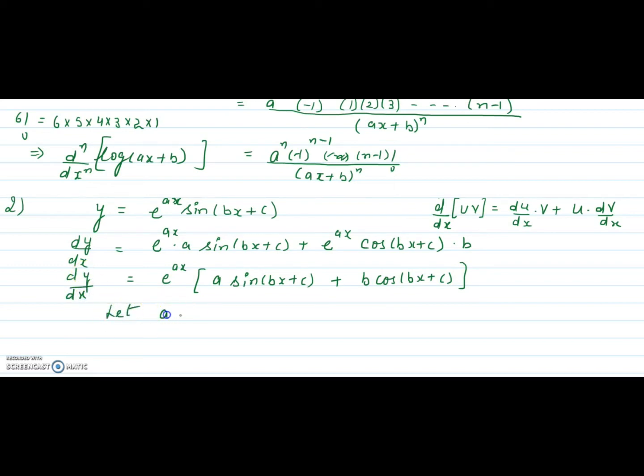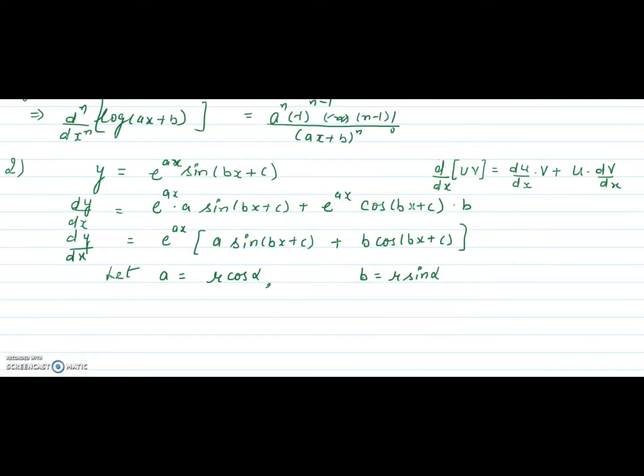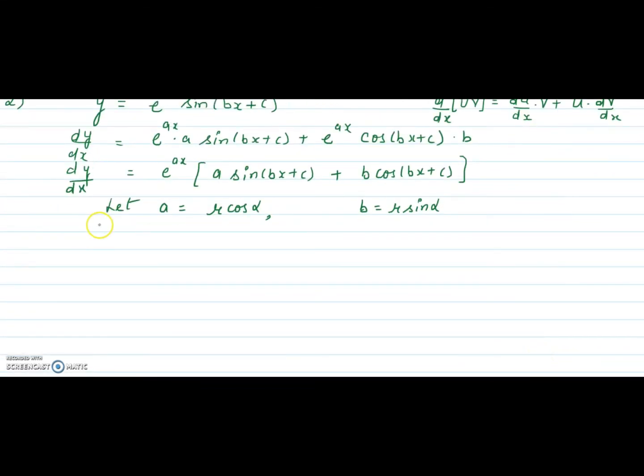Can I take a as r cos alpha and b as r sin alpha, where r and alpha are constants? What does this first order derivative of y become in this case?